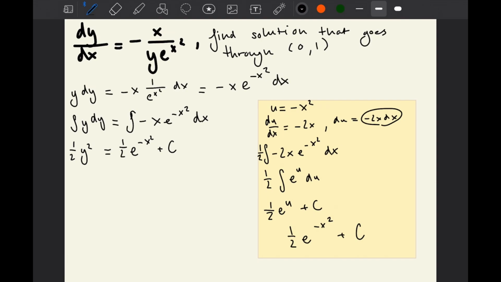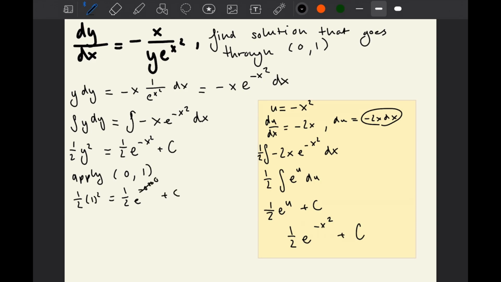Or you can rearrange for c first, however you want to. I'm just going to put the value straight into this equation right here. So we're going to apply the point (0, 1). We're going to have 1/2 of 1 squared, which is going to be 1, is equal to 1/2 of e to the power of negative 0 squared, which is going to be 0, plus c.